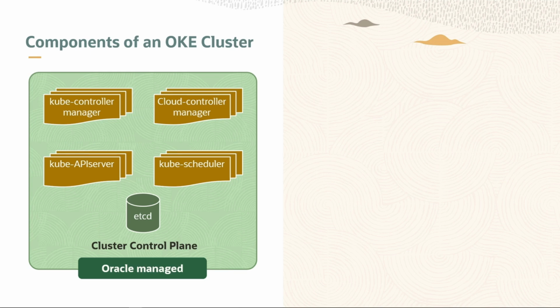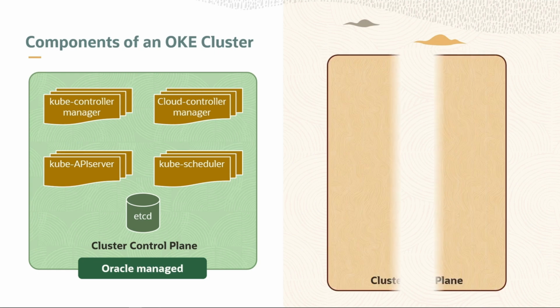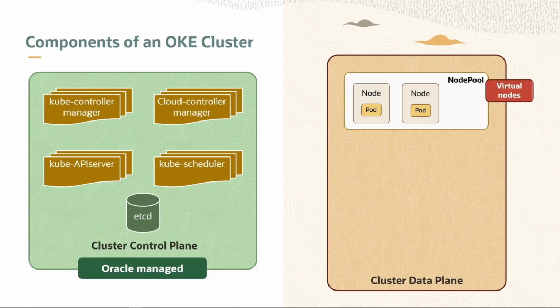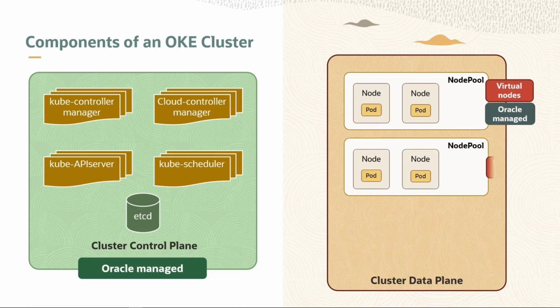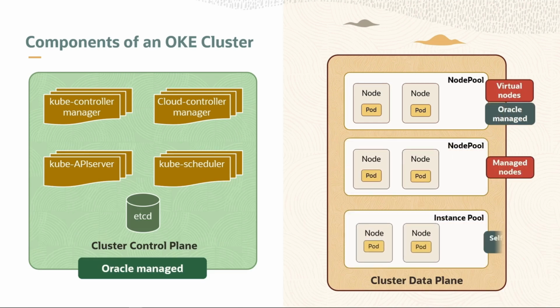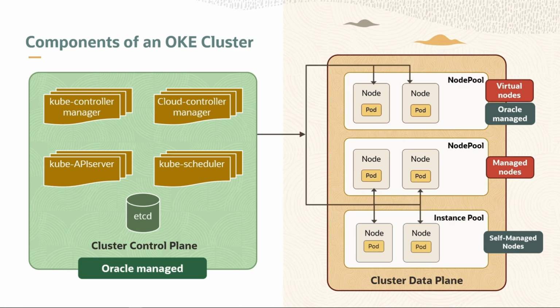We also manage the Kubernetes dashboard and even handle the self-healing mechanism of both the cluster and the worker nodes. All of these are meticulously created and managed within your Oracle tenancy. But at your end, you have the power to manage your worker nodes. Using different compute shapes, you can create and control them in your own user tenancy. So as you can see, it's a perfect blend of Oracle's expertise and your control.